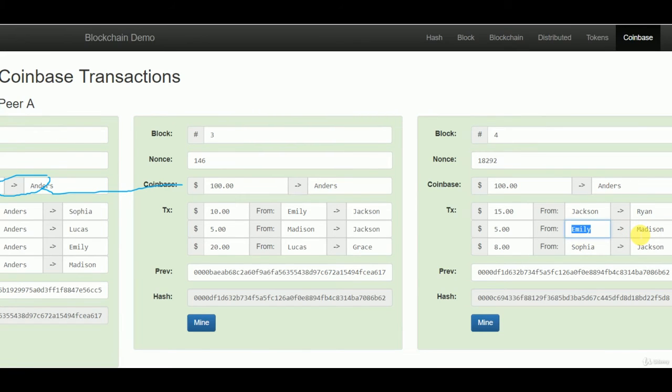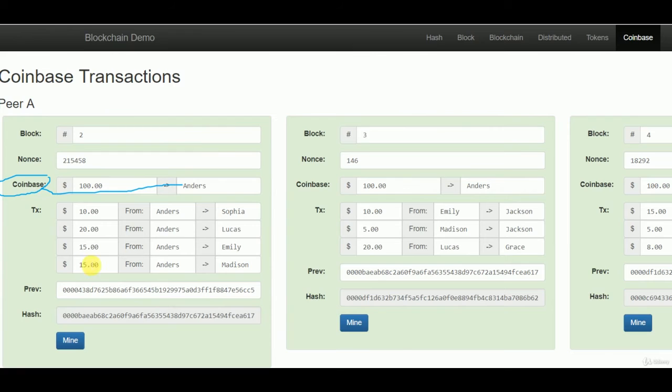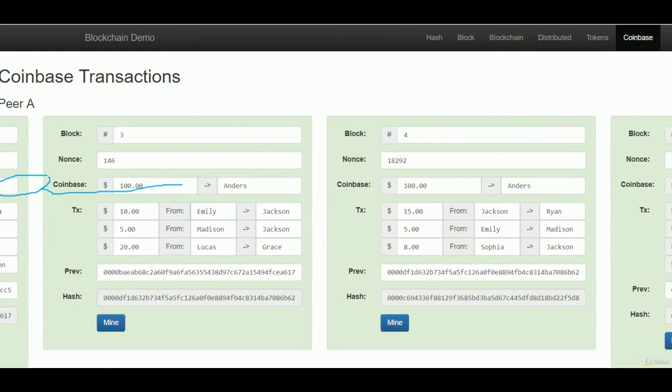You can go back and check the blockchain and say, yes, Anders has already transferred $15 to Emily. So now Emily has $15, which means Emily can transfer $10 to Jackson as well as another $5 to Madison. So this means you are verifying your transactions. You are linking all your transactions and verifying them.